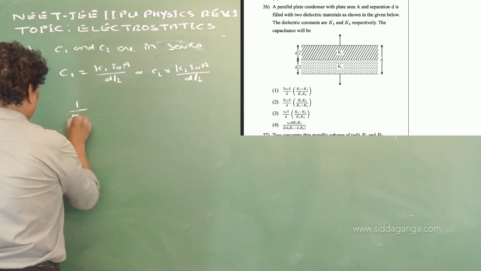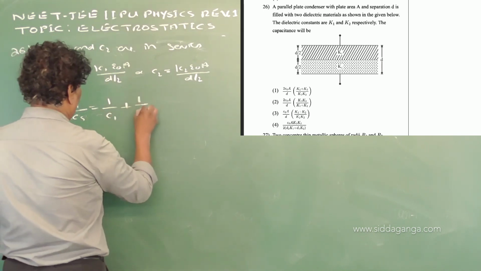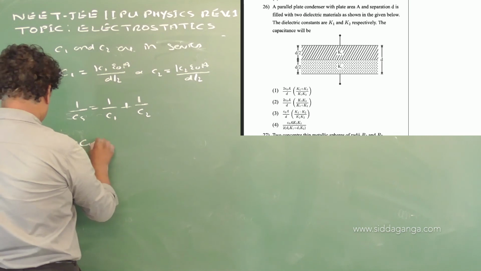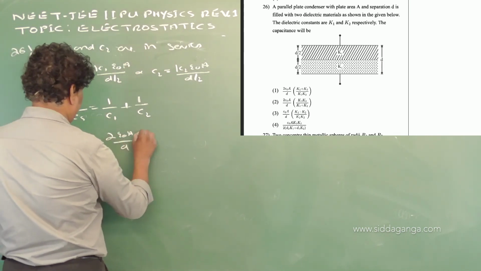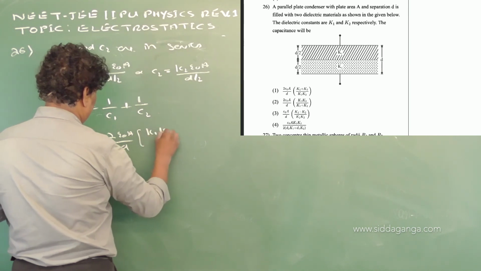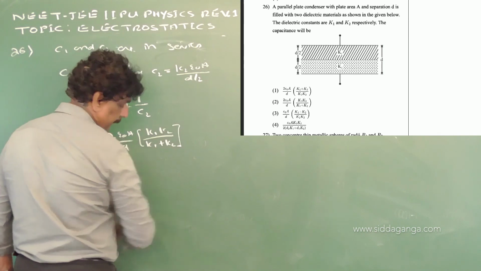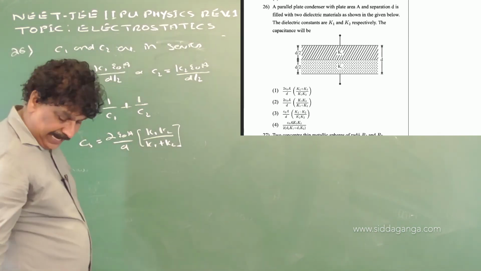Now the effective capacitance 1 by Cs is equal to 1 by C1 plus 1 by C2. If we substitute it here, we will get Cs is equal to 2 epsilon naught A by D into K1 K2 by K1 plus K2. So the option is the second one.